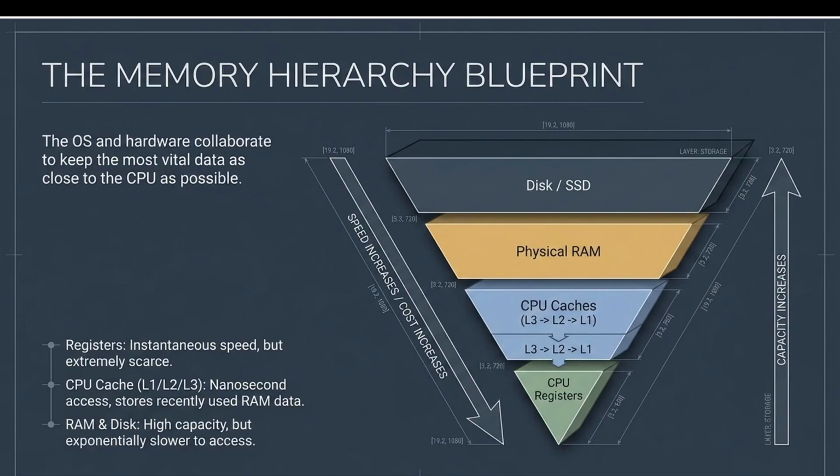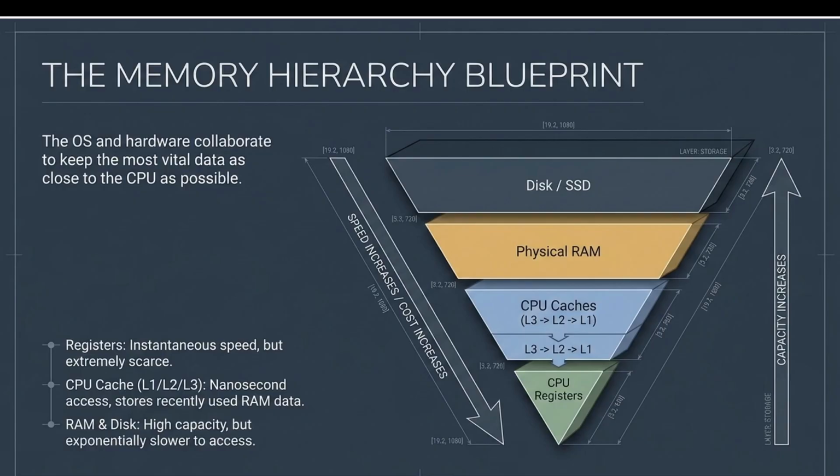As we go from the top to the bottom, the speed increases. This is the difference because, as I have talked before, of the central processing unit. The closer the memory is to this unit, the faster it is. And it is also more expensive.